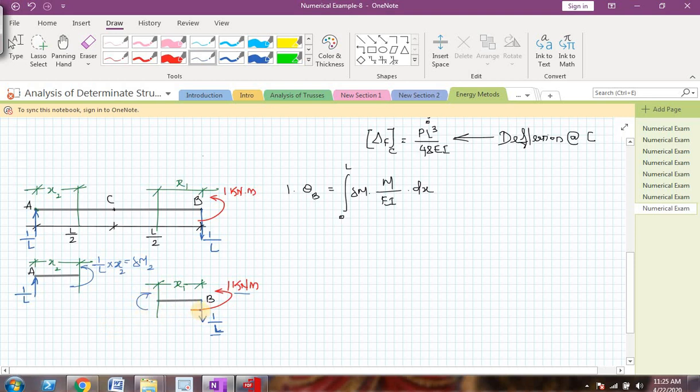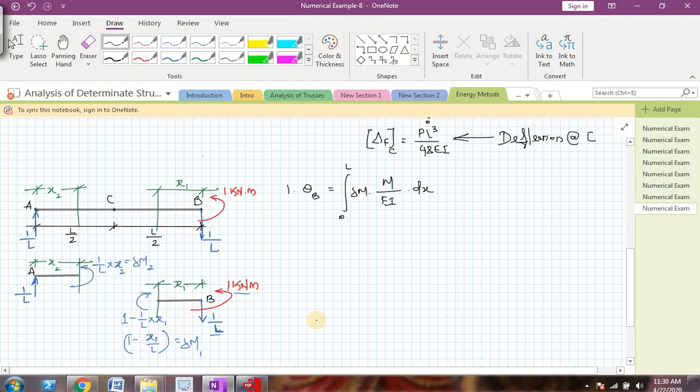If you see this moment carefully, this is actually causing the beam to sag, so it will be 1, and this moment because of this reaction will actually make the beam hog, so it should be minus 1 by L times x1. So I can rewrite this as 1 minus x1 by L. So this is actually delta m1. These two are the virtual moments.